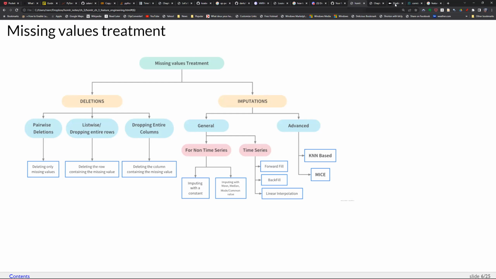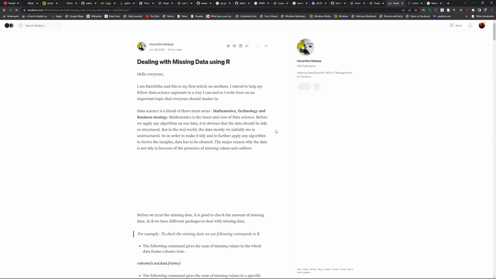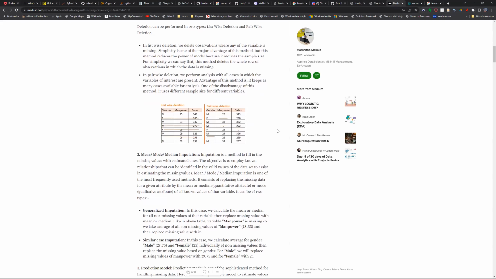So to give you some insight, I went to this article, dealing with missing values, and it does a comparison between what we have said about the listwise deletions and the pairwise deletions. We said that in the listwise deletions, we're going to delete any row that has a missing value, no matter where.